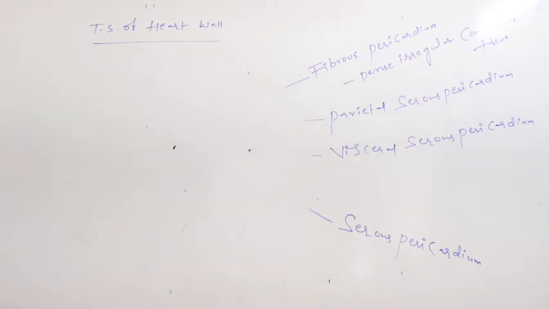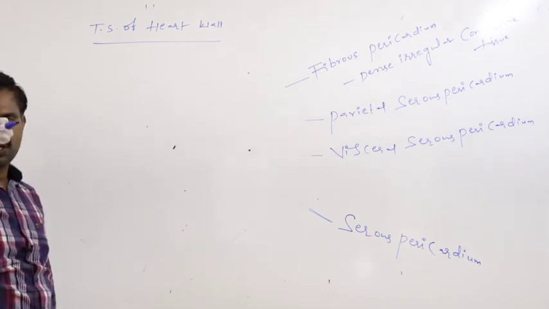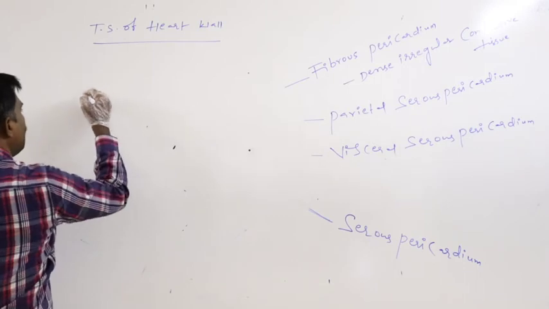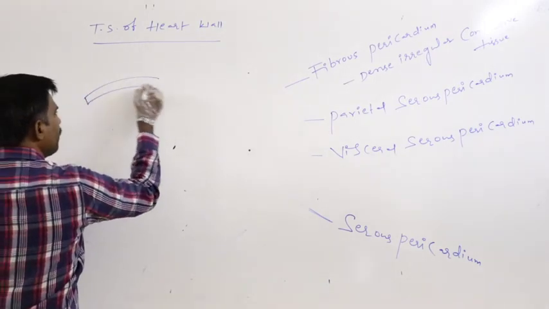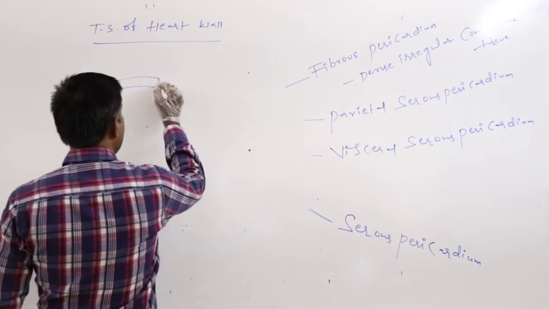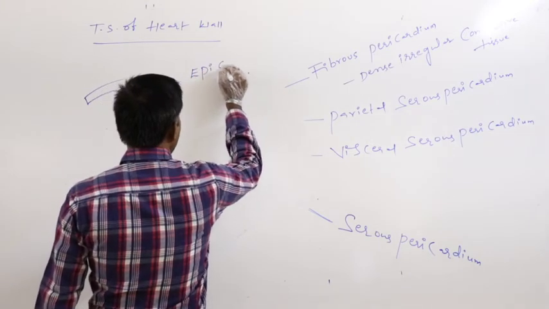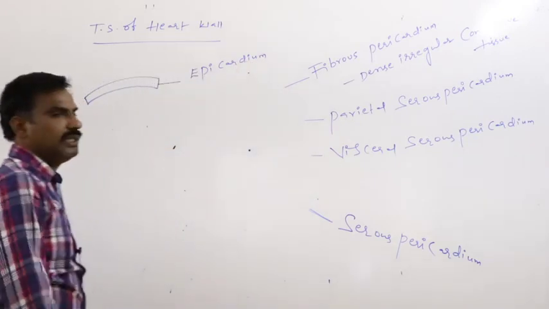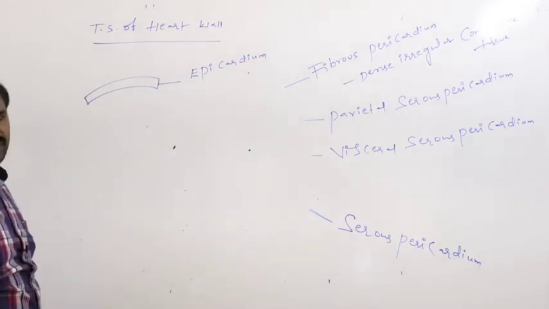In the TS of heart wall, what are the layers which appear in a sequence? The outermost layer which is present is the epicardium.